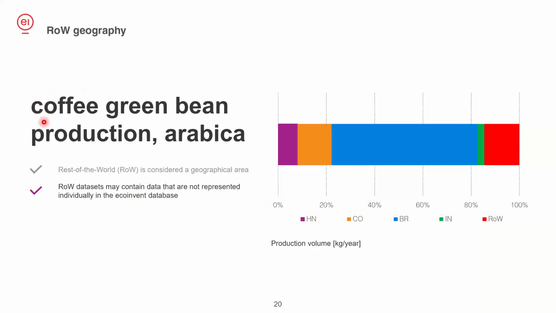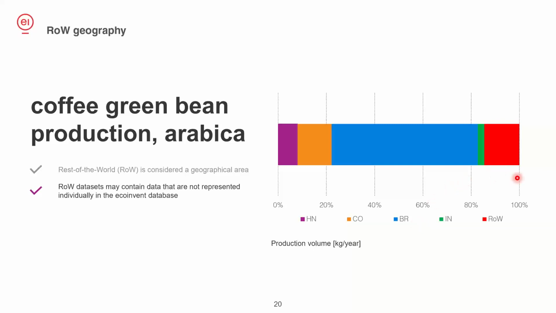Let's see the example of coffee green bean production Arabica. In the database, we have specific activities for Honduras, Colombia, Brazil, and India. These four activities represent around 85% of the global production volume. By production volume, I mean the amount of this product, the amount of coffee green bean produced in a year.